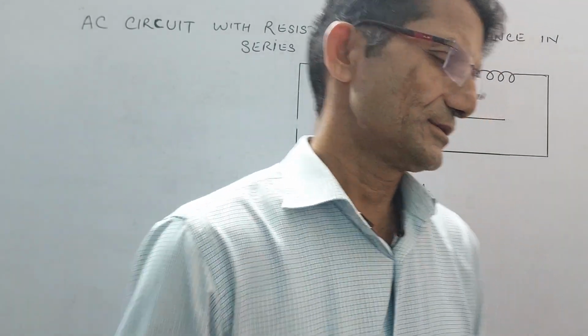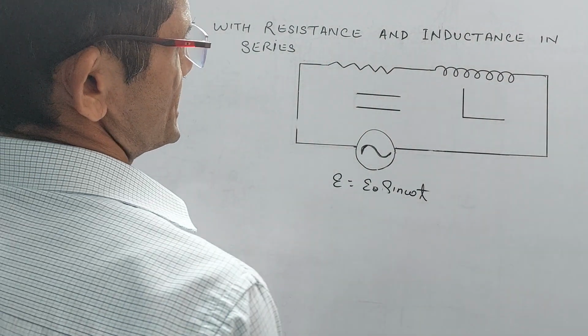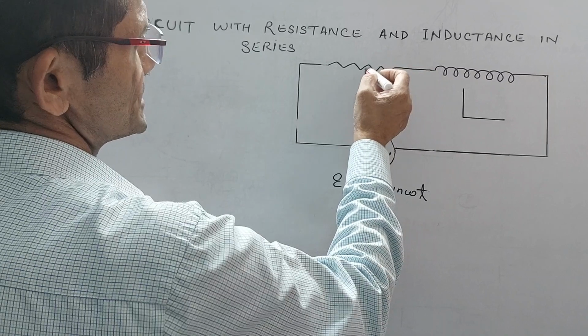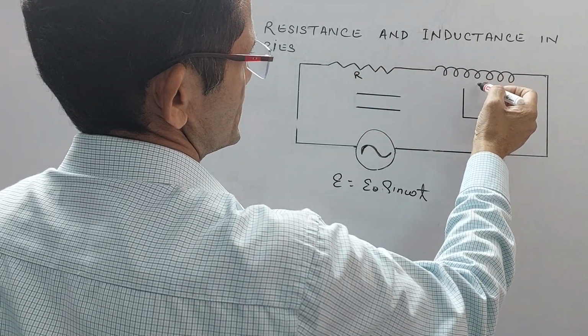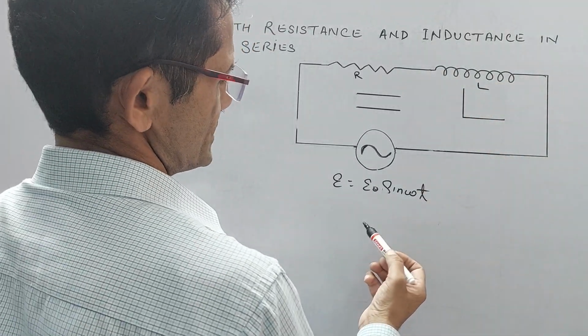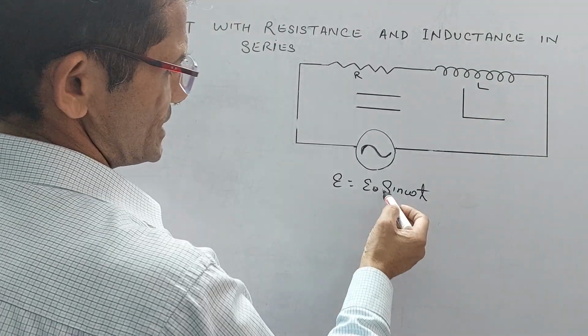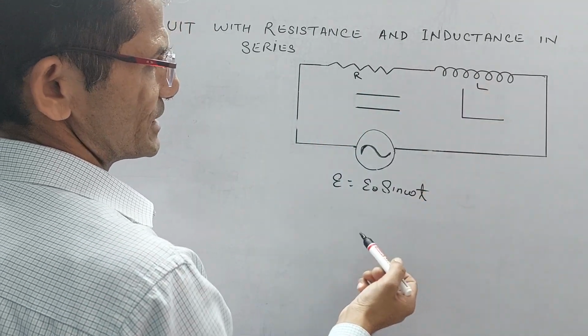Let us start. We have this AC circuit, which contains a resistor R and an inductance L, and at a particular time the alternating voltage applied to this AC circuit is E0 sin omega t.